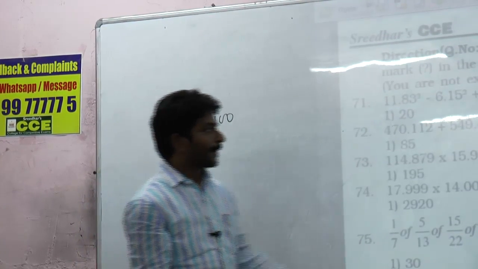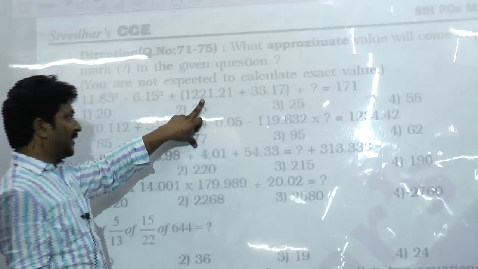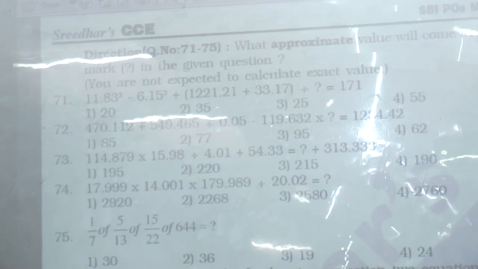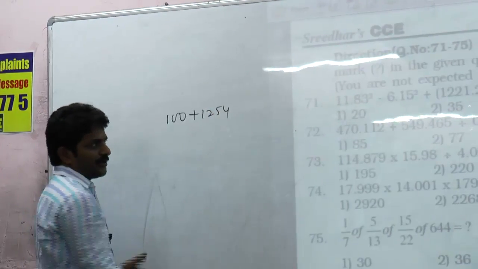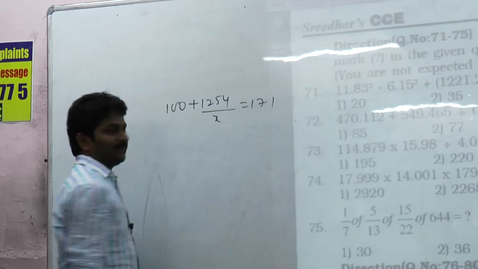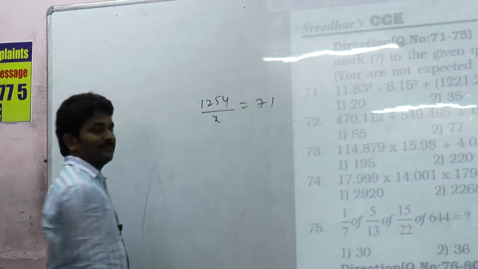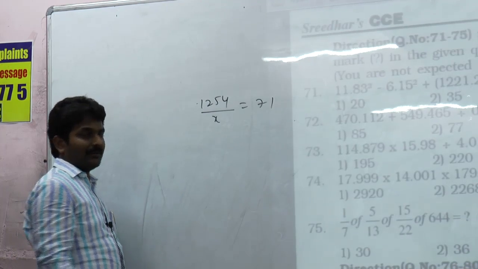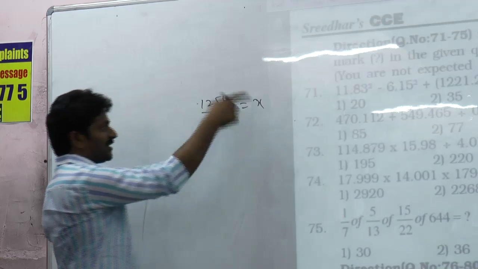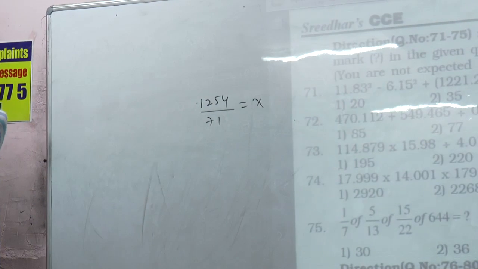Approximate. Plus 1221 plus 33. Add 33 here. 1254. Near about 1250. Or 1254 you can write, no issue at all. Divided by something is equal to 171. Plus 100 goes to right hand side, that becomes minus 100. You have 71. X goes to right hand side, 71 comes to left hand side. So x value is 1254 by 71.